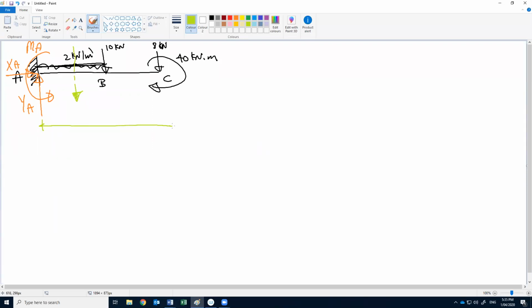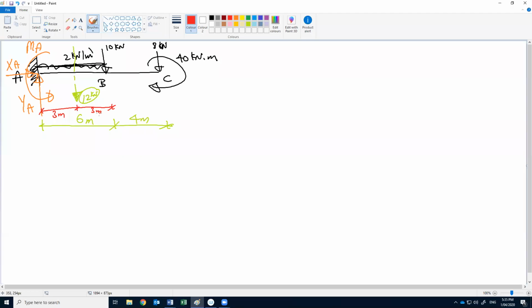If this distance is 6 meter and this is 4 meter, how much is the load? 2 multiplied by 6, so 12. Okay, and where is this force applied? At a distance of 3 from this side and 3 from the other side.